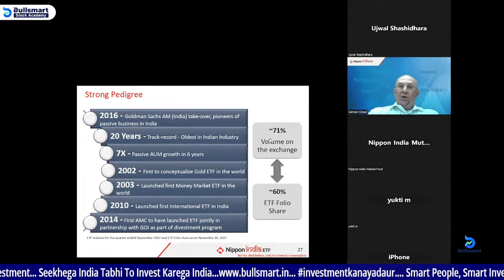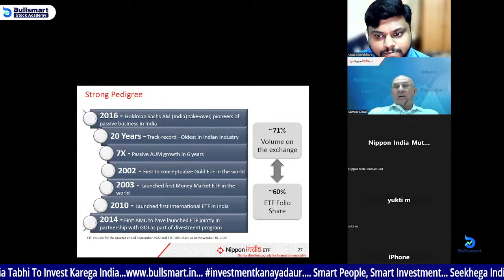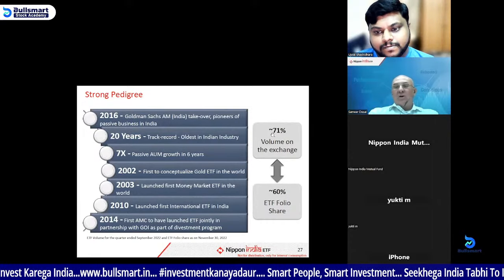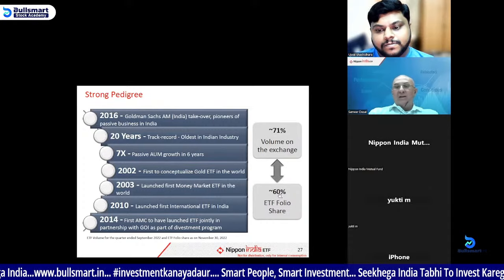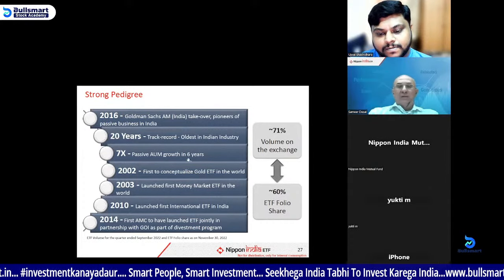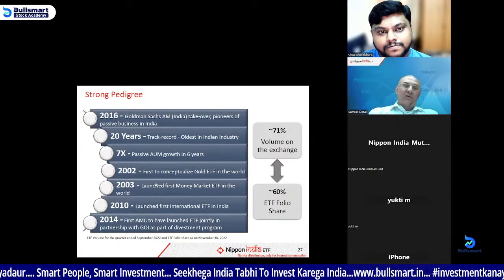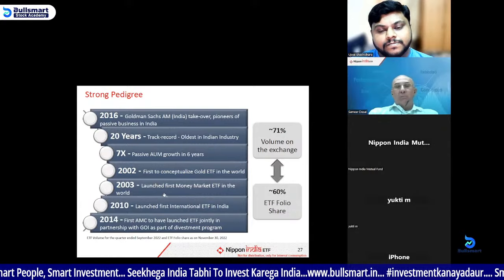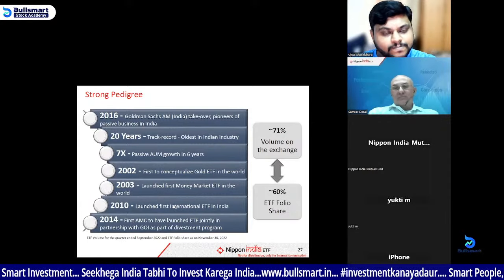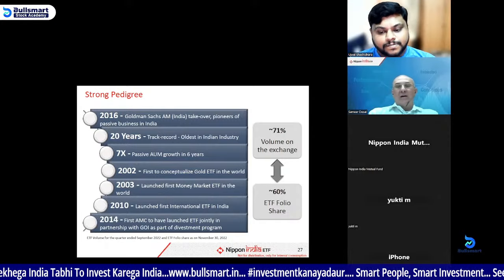The volumes of Nippon ETFs are the highest in the industry. Currently, 71% of all ETF volume is Nippon ETFs. We have the largest folio share in India. These are some of the first from the Nippon stable of ETFs. So essentially, a pioneer in ETFs in India.